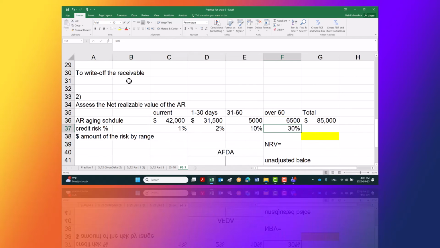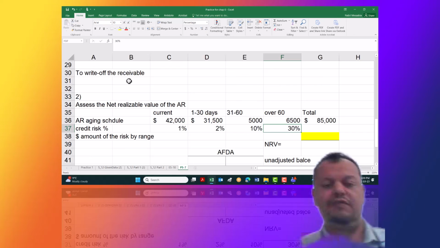Where do these percentages come from? Where did they get 1%, 2%? Previous experience, statistics, simply. Our previous experience shows that if you have a current debt, there is a 1% risk. If you have 1 to 30 days, 2%. Next, we have to multiply the dollar amount by the percentage so that I get the dollar amount of the risk.